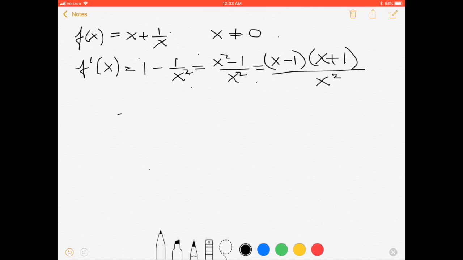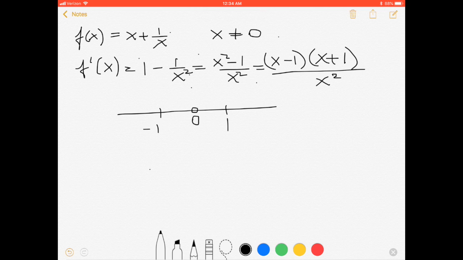The zeros are 1 and negative 1, but remember here we have an open point at 0, which is the point where our function and its derivative do not exist. So we have the points negative 1, 0, and 1.